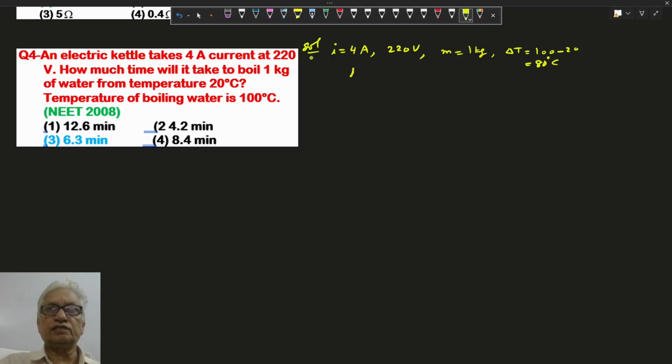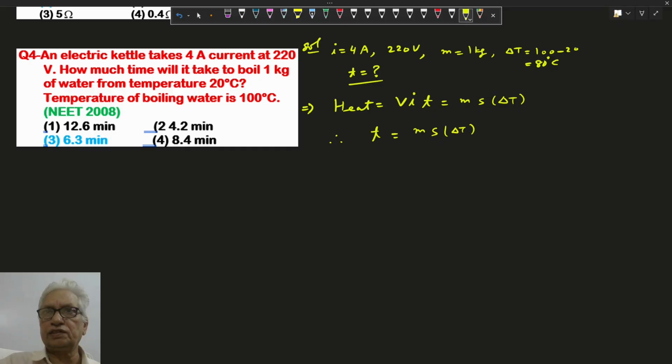We have to find the time. We know the formula: heat equals P I t, and M S delta T is the heat required, so time t equals M S delta T divided by V I.